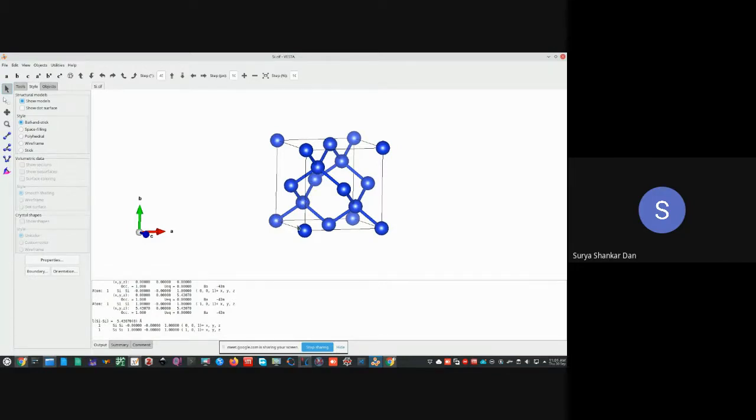So if A is the lattice constant of silicon, the second FCC lattice is at an offset of these offset atoms. Remember I told you about this offset atom? This offset FCC is at A by 4 distance along the principal diagonal. We'll look into this in our next lecture. Okay, thank you so much for joining.